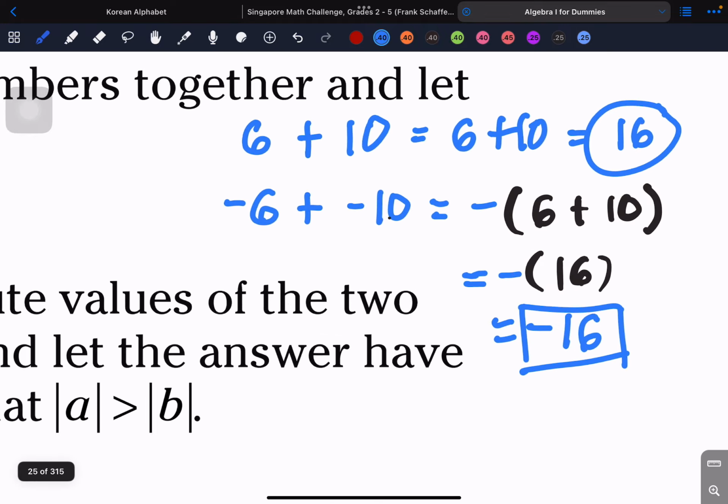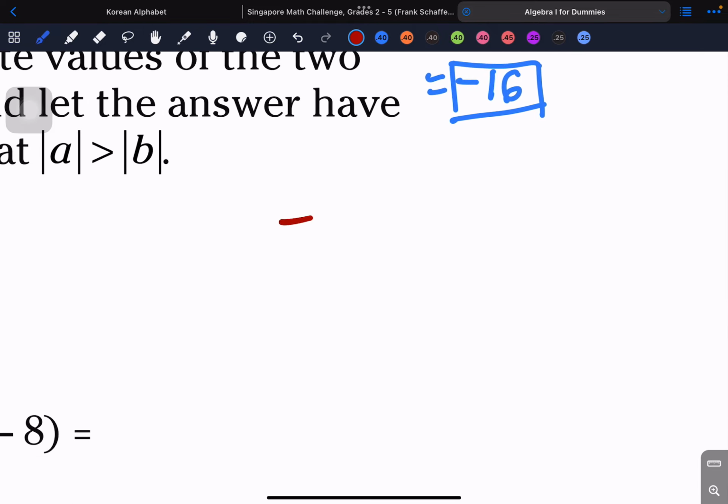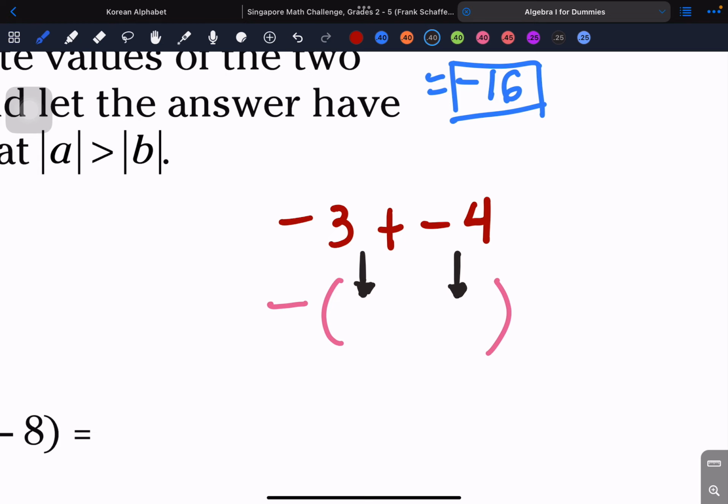Isa pang example, kapag parehas negative, negative 3 plus negative 4. Since they are both negative, you write the negative sign right away and then get the absolute value of negative 3 and the absolute value of 4.